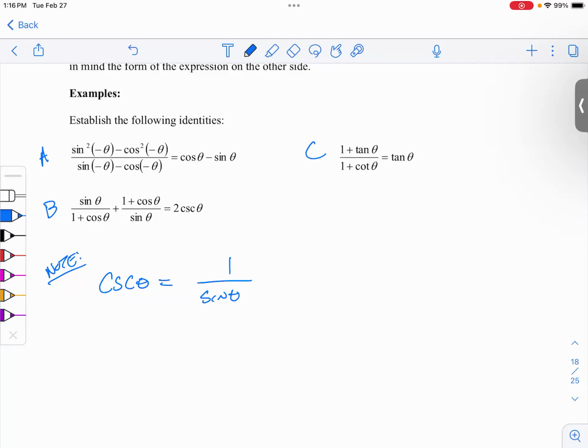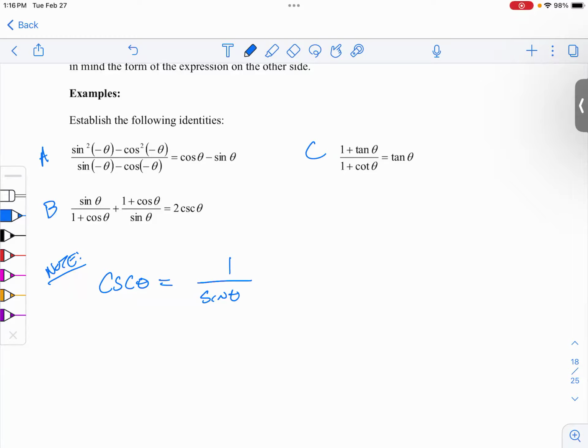Sine, cosine, and tangent. That means secant, cosecant, and cotangent are the reciprocals because they're not even in the statement, which means in order to identify the other 3, they're always the reciprocal.